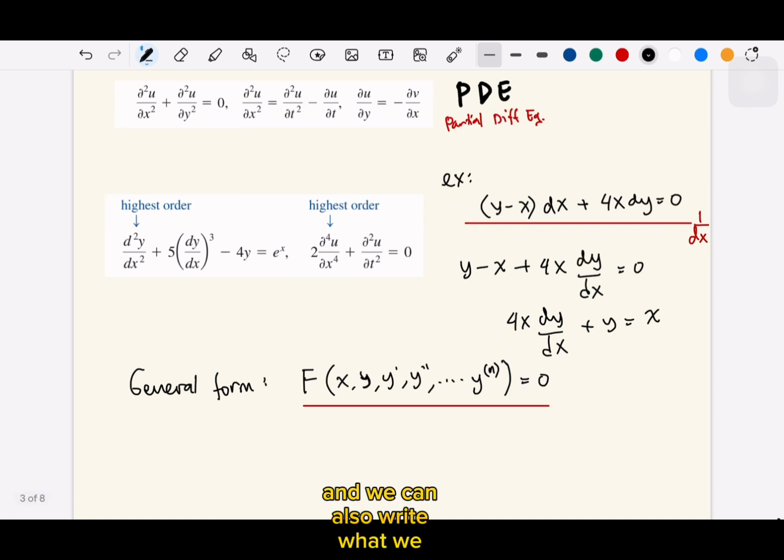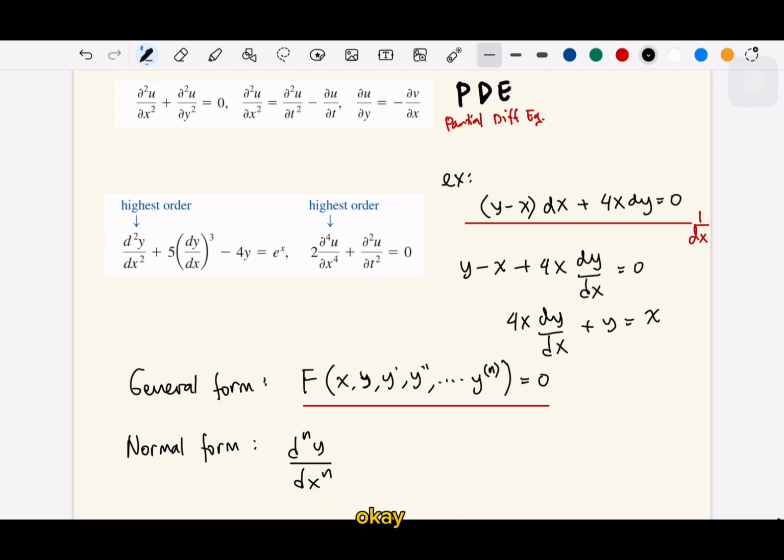And we can also write what we call the normal form. What's the difference? The difference for the normal form is it directly describes the derivative. So we can write d n y over dx n, which means n is the order, okay?